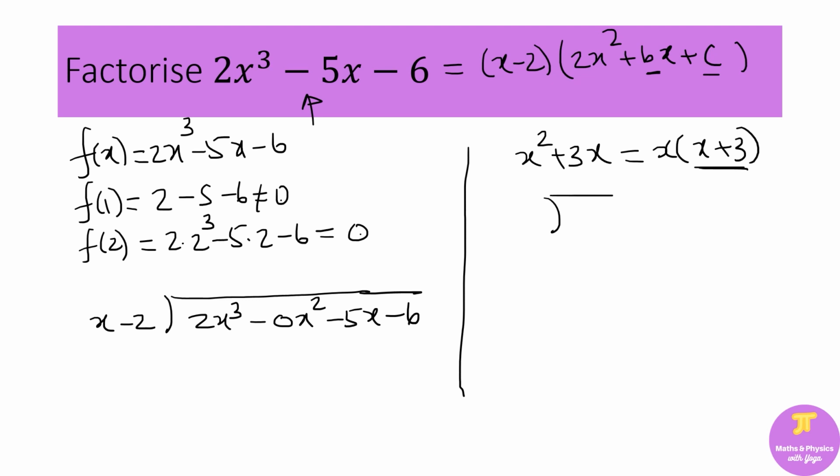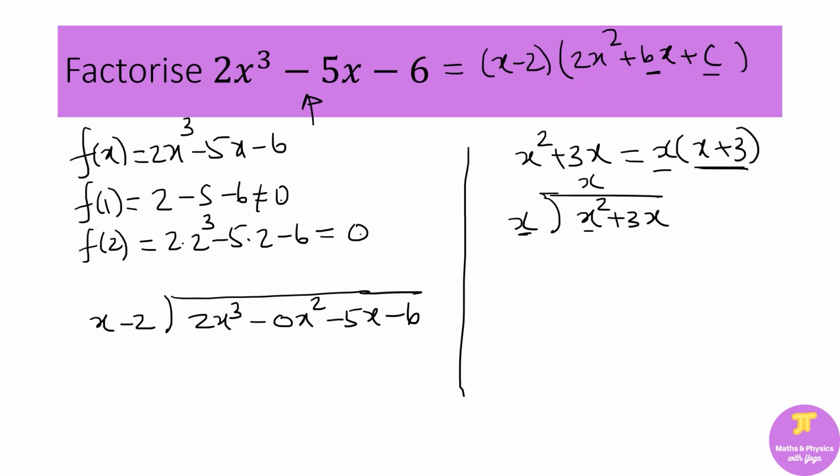We take x squared plus 3x and divide by the first factor. We need to find how many times x goes into x squared. It goes x times.